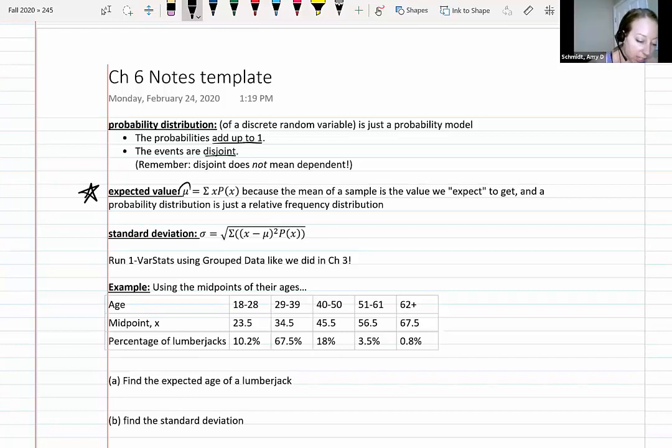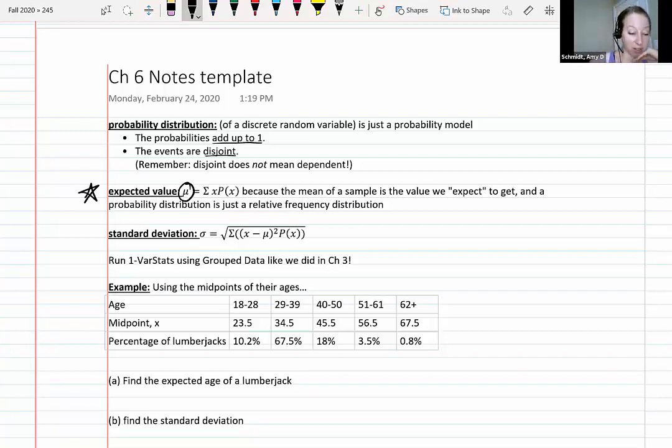You've actually seen this symbol before, right? This means mean, which might confuse you at first, because why am I calling it expected value then? Because I told you back in Chapter 3 that that was called a mean.